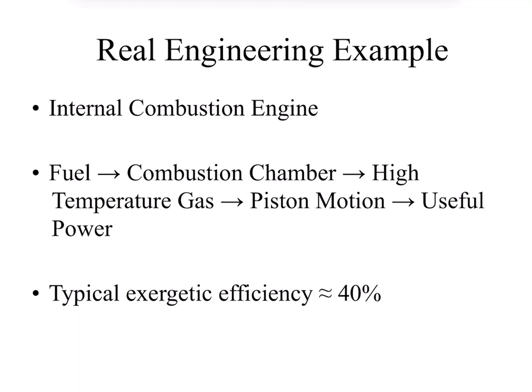In the internal combustion engine, fuel goes into the combustion chamber and becomes high temperature gas. The high temperature gas moves the piston, and the piston makes useful power. For example, typical exergetic efficiency is about 40%.